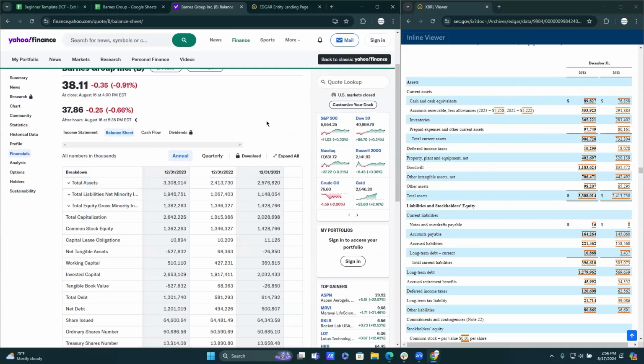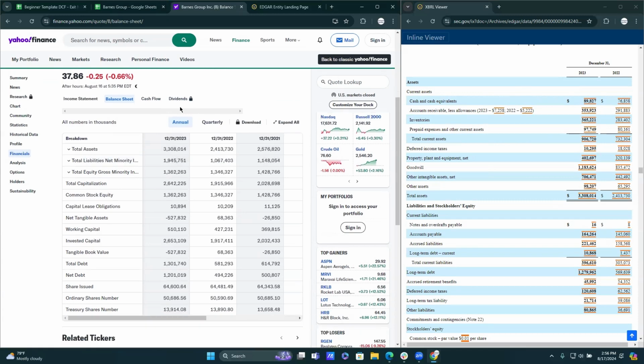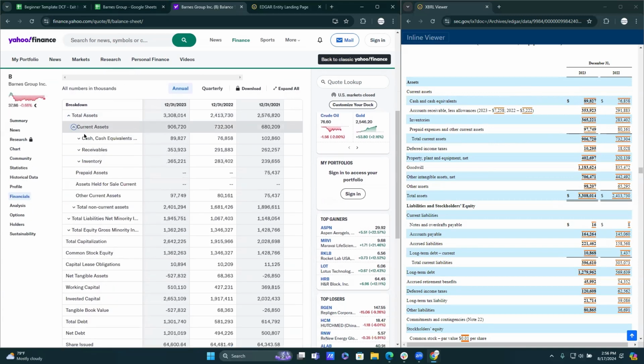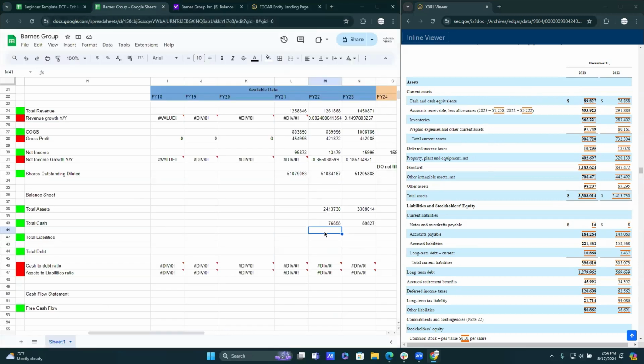Sometimes it's things like marketable securities, notes, and stuff like that, because those are all liquid. When we talk about cash, we're talking about stuff that can easily be converted to cash, so it's not just cash itself. So our current assets, yep, it looks like they only include that 89,827. So that should be good for cash.